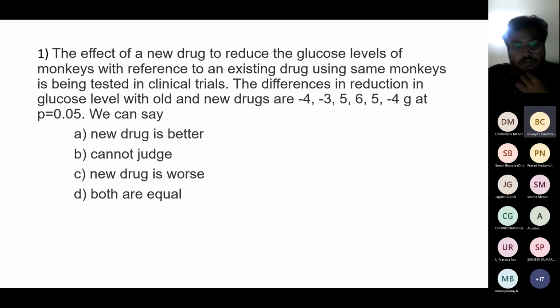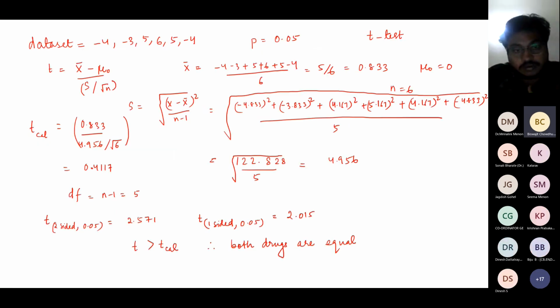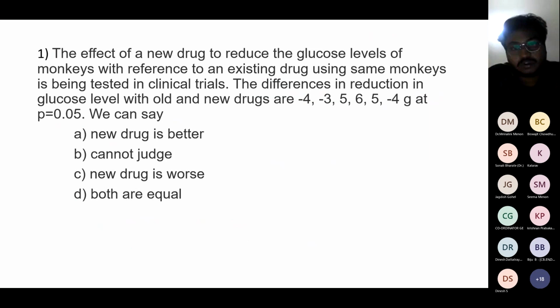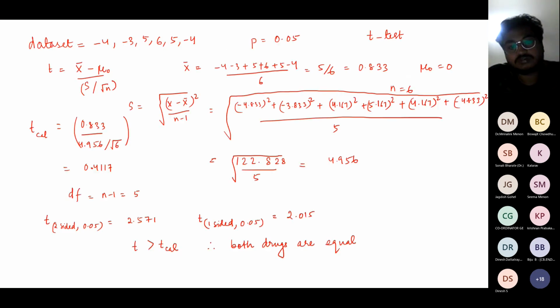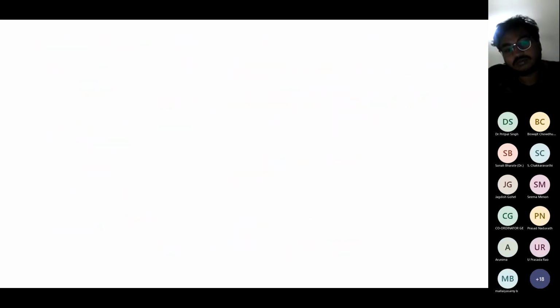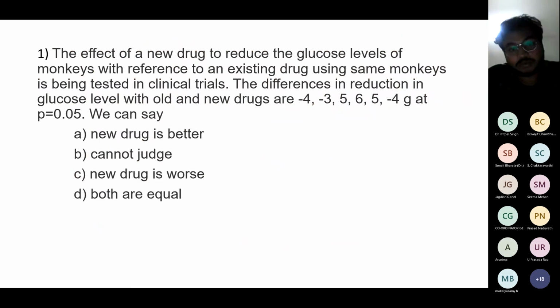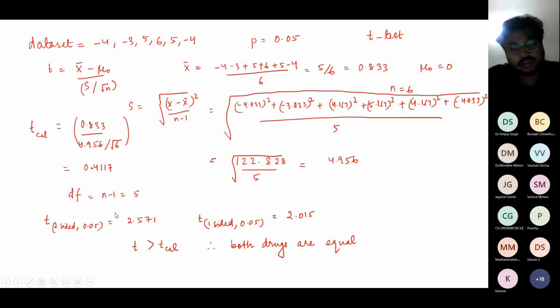Sir, do we have to check both the one-tail value and the two-tail value? Yeah, because the options are whether the new drug is better or worse, it's always better to check the two-sided test to see if there is a difference.